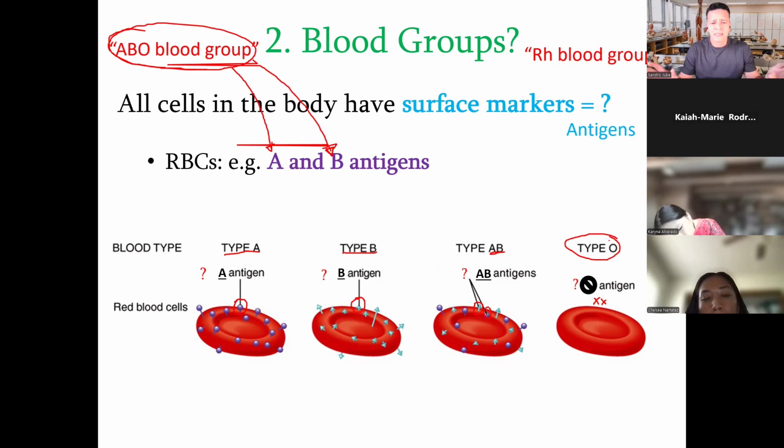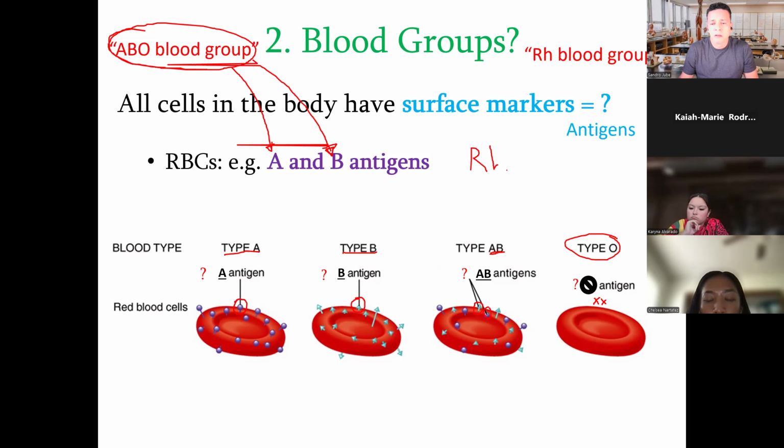Okay? That's it, guys. That is as simple as it gets. If you have an antigen, you are that type. If you don't have the antigens, you're going to be a type O. Now, what about the Rh blood group? The Rh blood group is even simpler. If we have the Rh antigen on the surface of the red blood cell, you're going to be Rh positive.